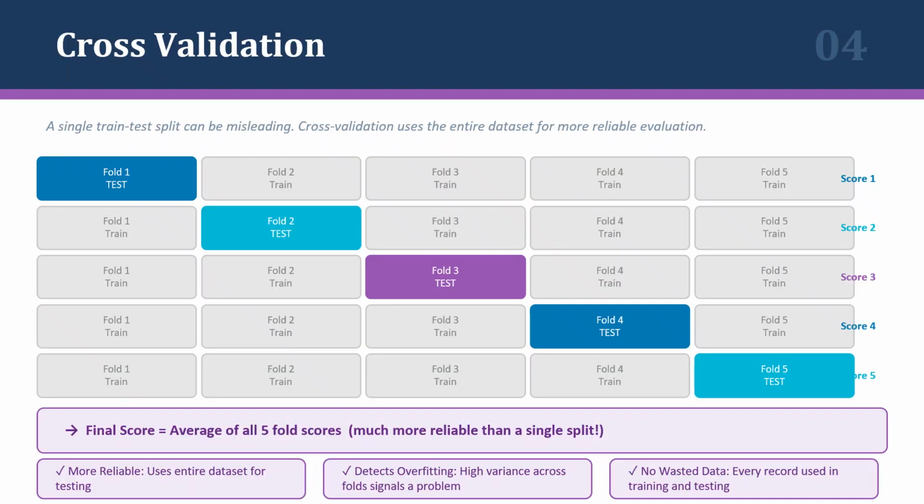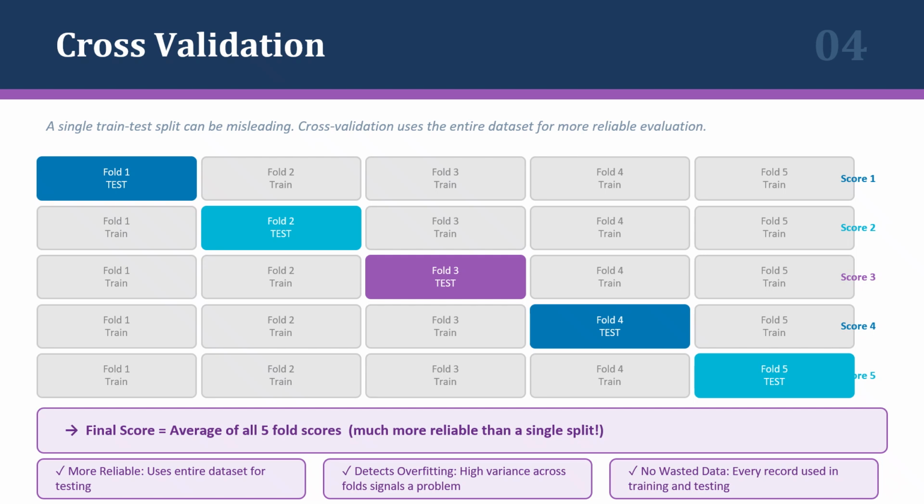K-fold cross-validation is a more robust way to evaluate model performance than a single train test split. How K-fold works for k equal to 5, we can see in this table. First step is split the data set into 5 equal folds. In round 1, use folds 2 to 5 for training, fold 1 for testing and record the score 1.